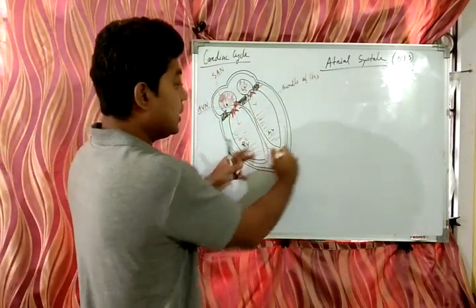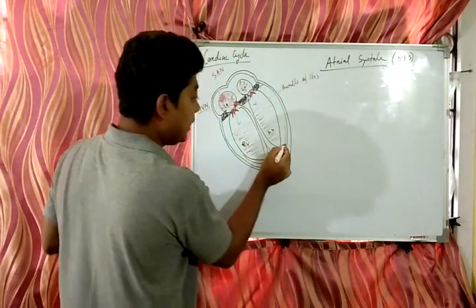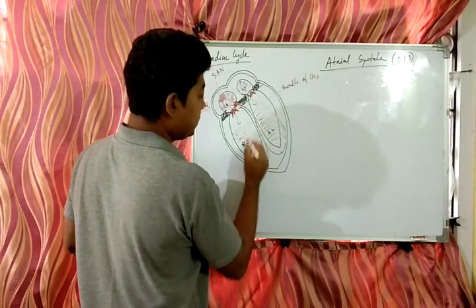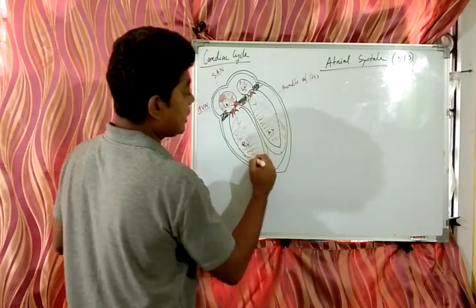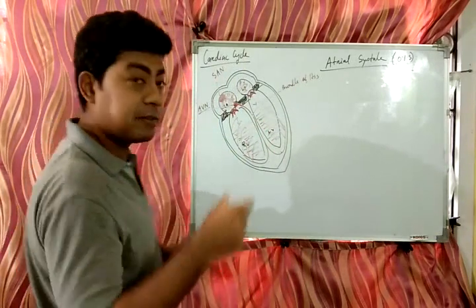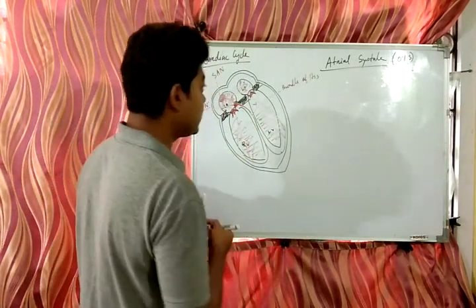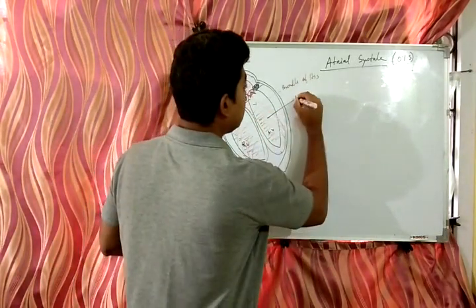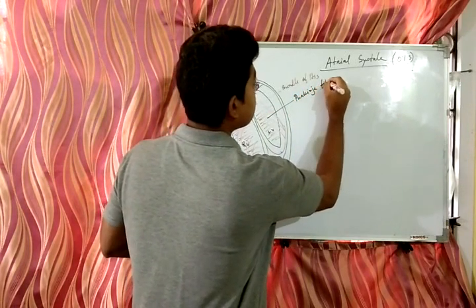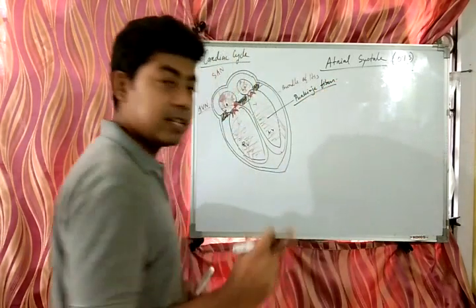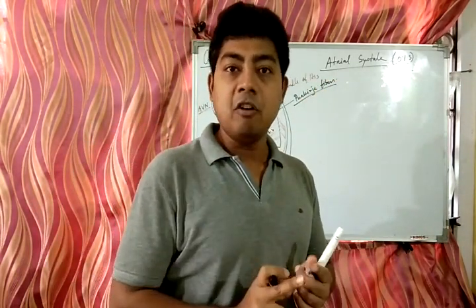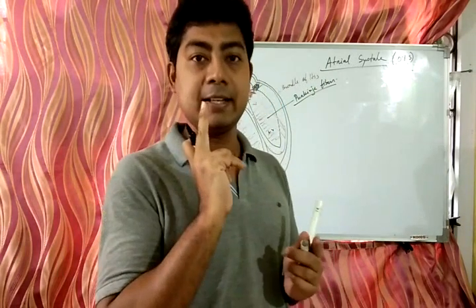Then it moves to the left bundle and right bundle, and finally they are distributed on the right side and the left side, and finally they end with fibers called Purkinje fibers, and these Purkinje fibers are connected with the ventricular muscles.